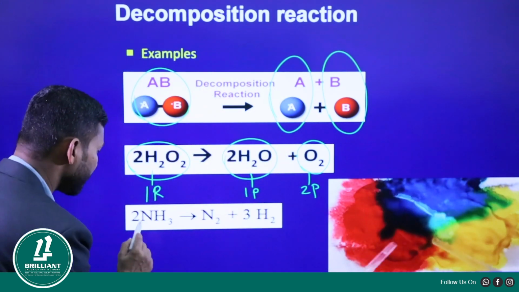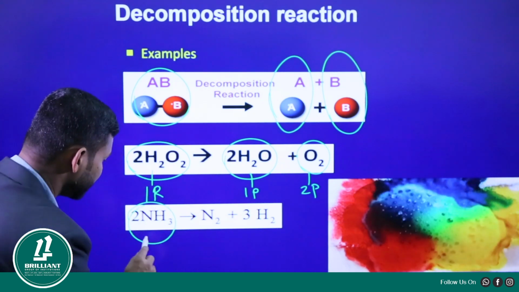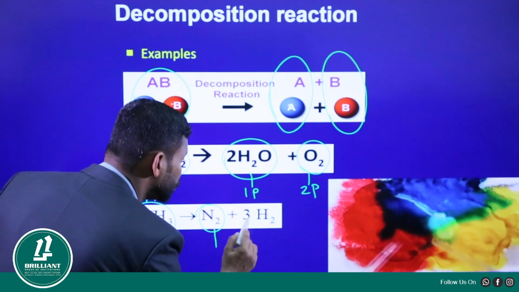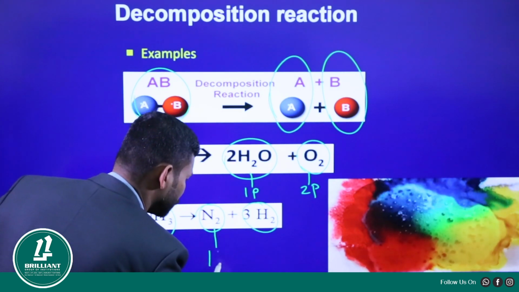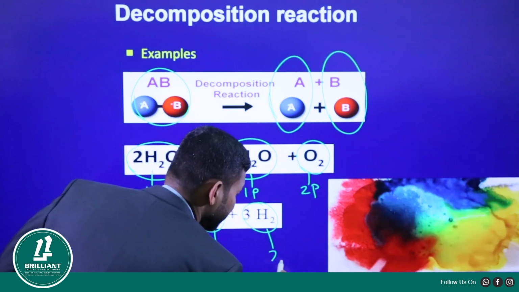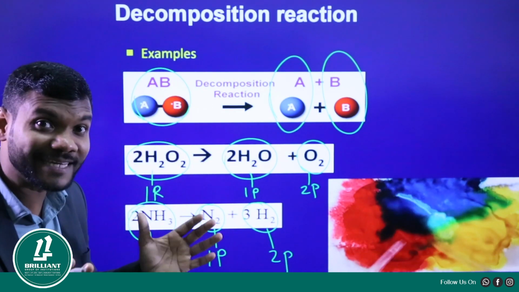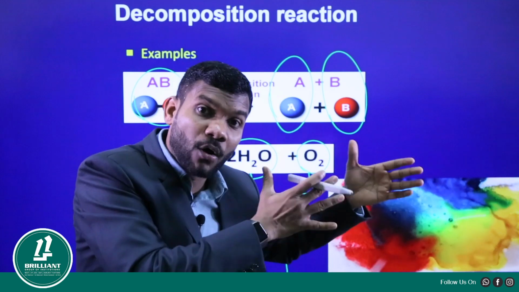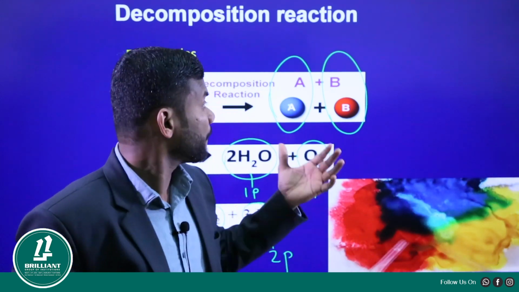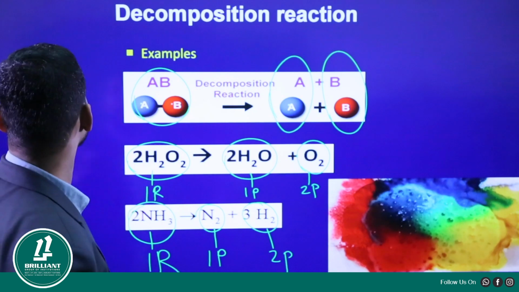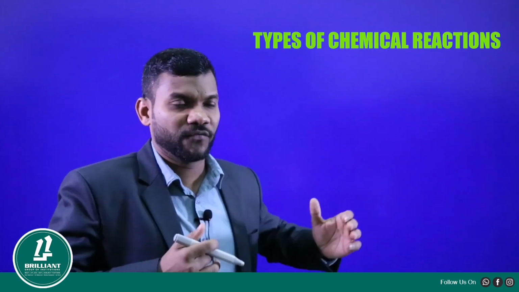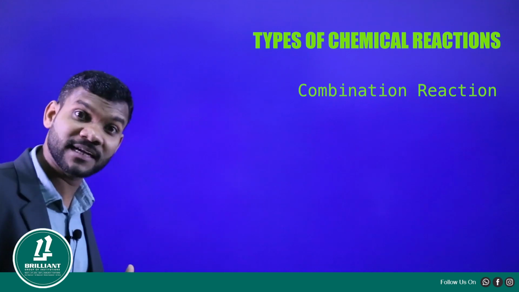Ammonia is a single reactant, which breaks down into two products. This is the first product, this is the second product. Such a type of reaction in which a single reactant breaks down into two or more products, we call a decomposition reaction.